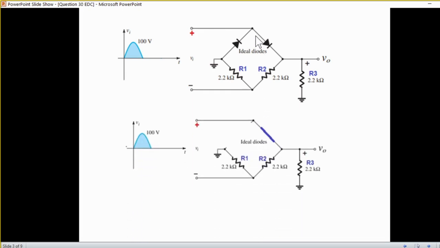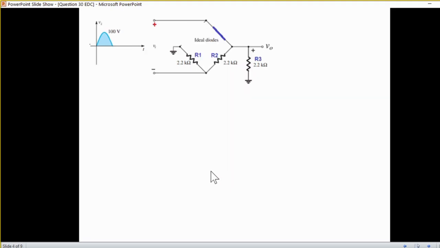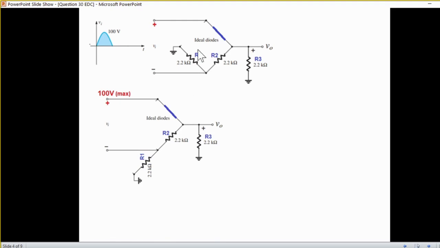So the circuit will now become, this is forward bias represented by a short circuit because it is an ideal diode. And this one is represented by an open circuit. Remember, we have to find this voltage. So we need to manipulate this circuit a little bit. From here, what I have done is I have pulled this down, or you can flip it here.